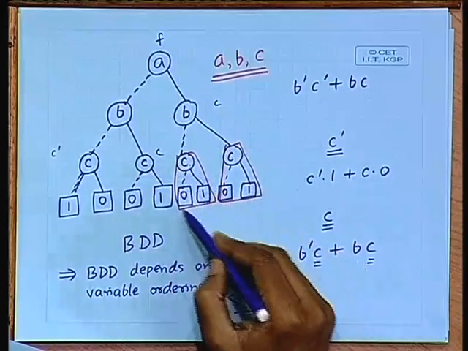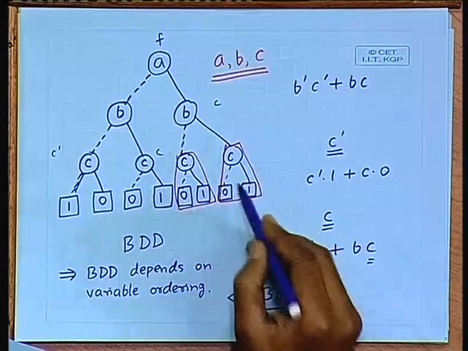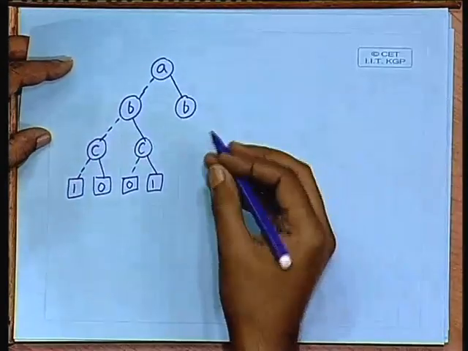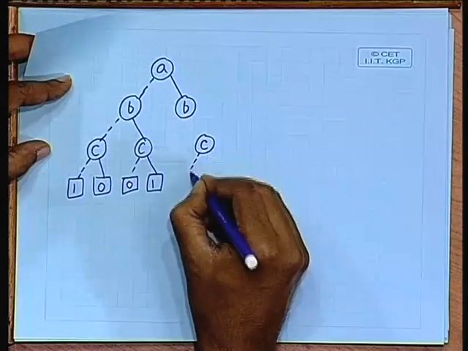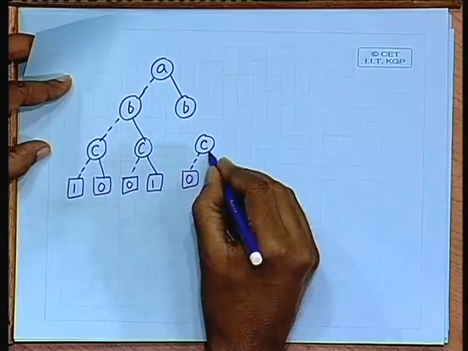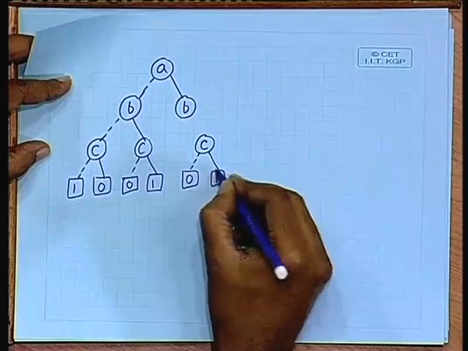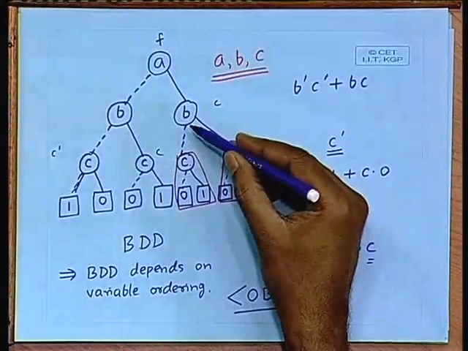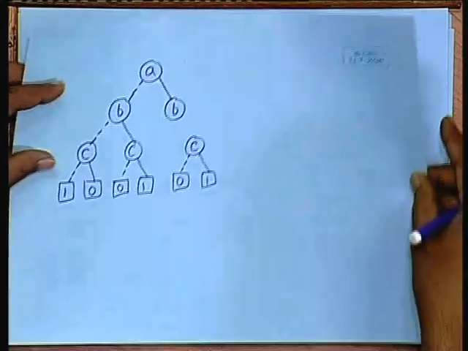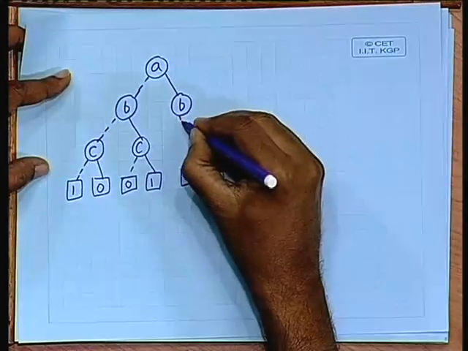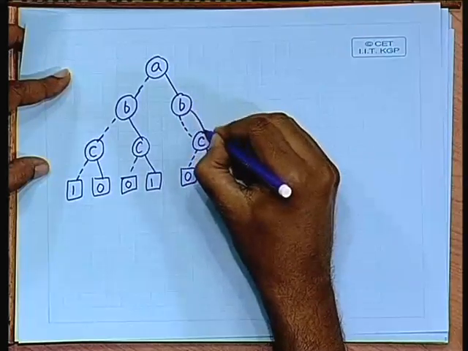So what we do, instead of having two copies of this, we merge them into a single copy. So we have C 0 1, and from B you see there was one dotted arc coming and one solid arc coming. So we add both a dotted arc and also a solid arc.